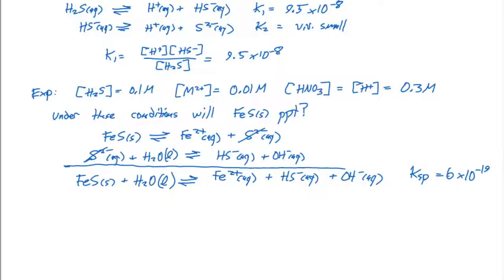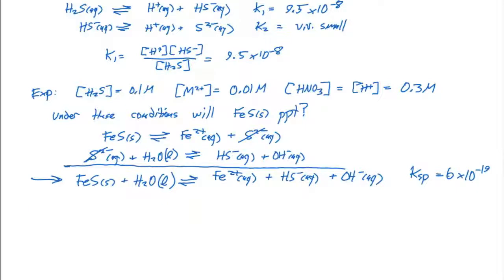Any of these types of sulfides, the KSP value that's written is for this entire equation right here, where instead of Fe, it can be any metal cation in our solution. So keep that in mind when you're looking at the KSP tables. What we have to do is compare Q versus K.